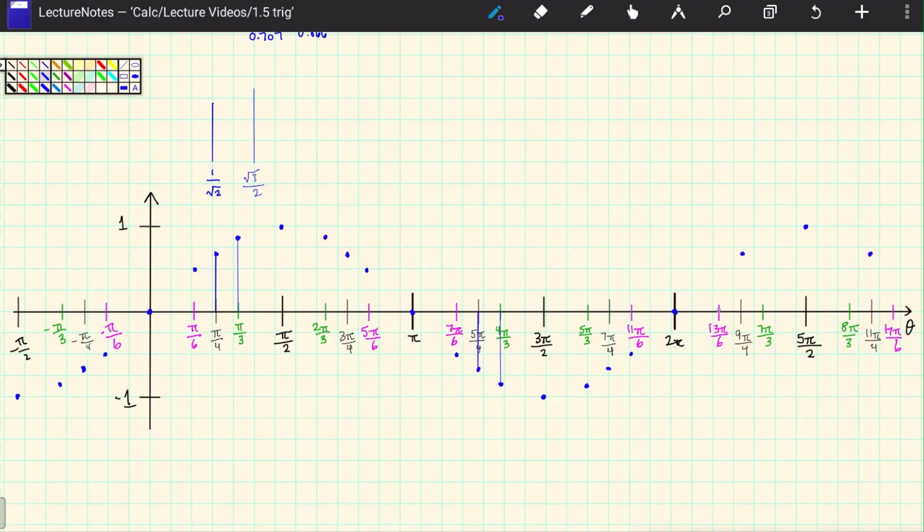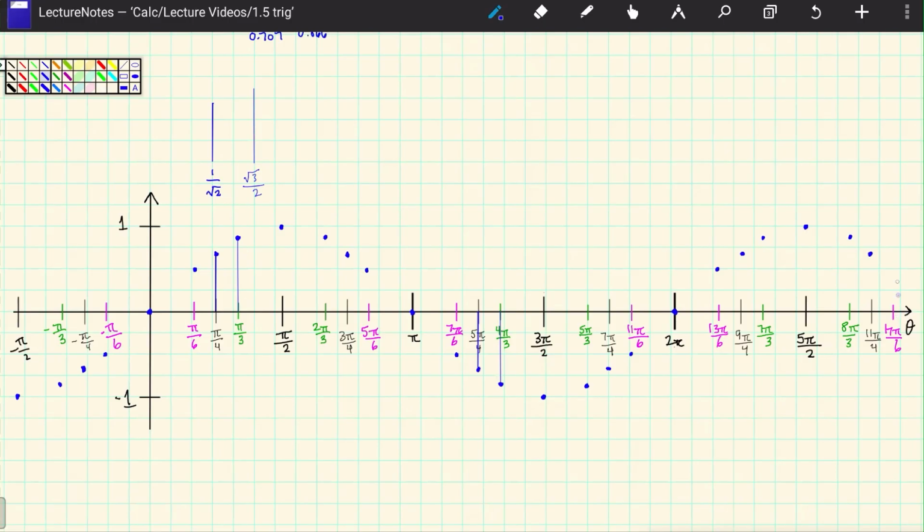And then the sine of 13 pi over 6, the terminal side of that angle is in the same place as the terminal side of just regular pi over 6. And copying these lengths again, sine of 8 pi over 3 is √3/2.